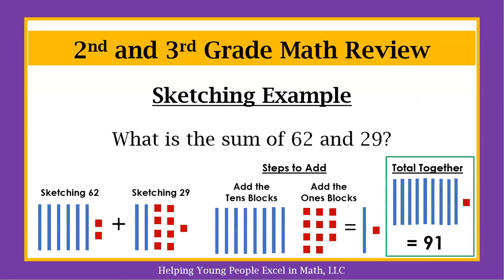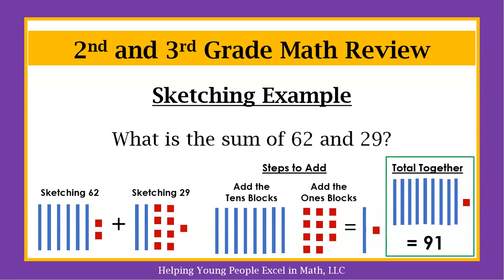For our math problem, we have: what is the sum of 62 and 29? The first thing that we're going to do is sketch 62, so that will be 6 ten blocks and 2 one blocks, plus sketching 29, there will be 2 ten blocks and 9 one blocks.